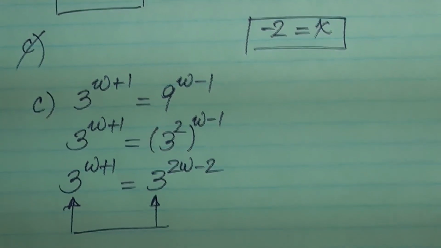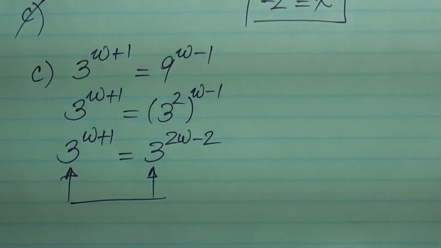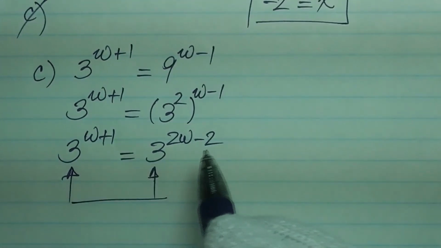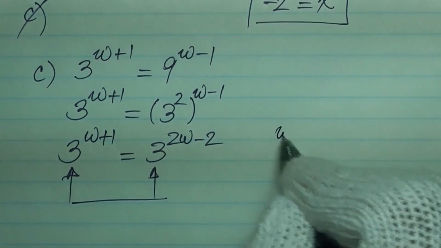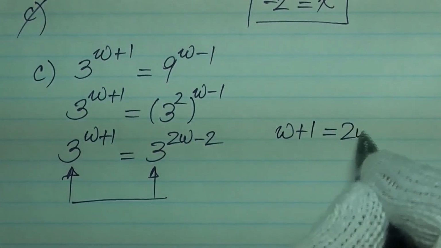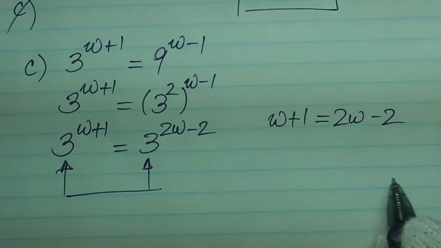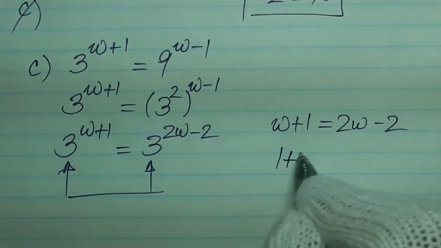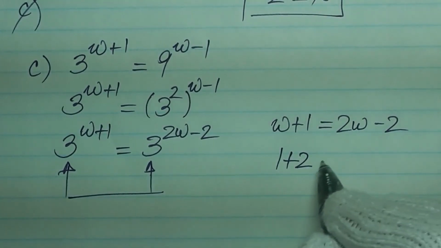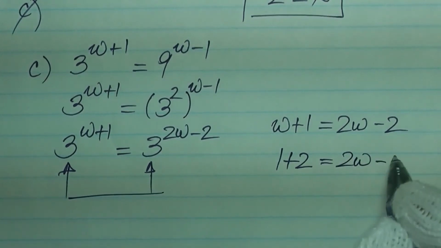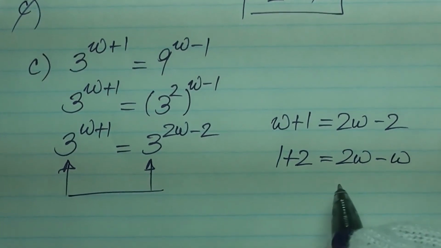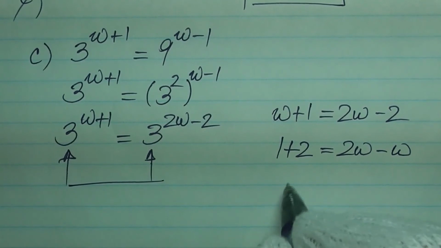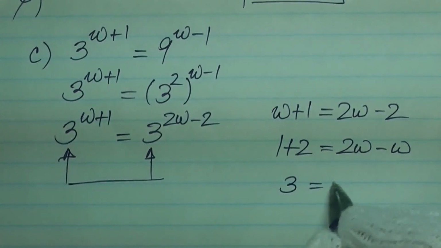Now that my bases are equal, I can say w plus 1 equals 2w minus 2. So 1 plus 2 equals 2w minus w. 1 plus 2 is 3. 2w minus w is w.